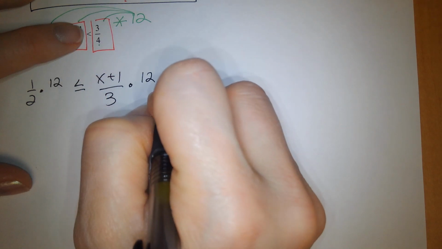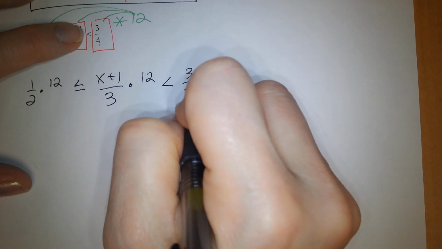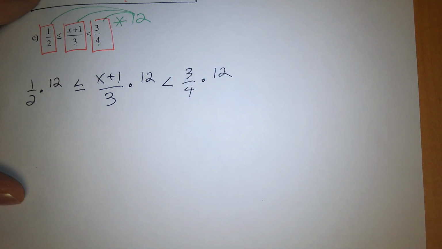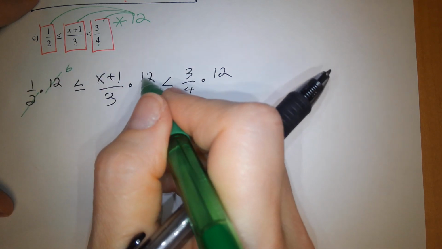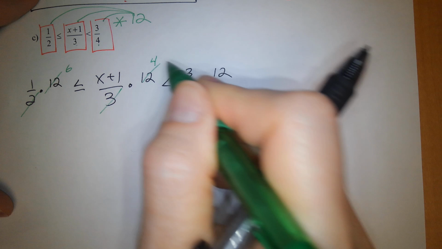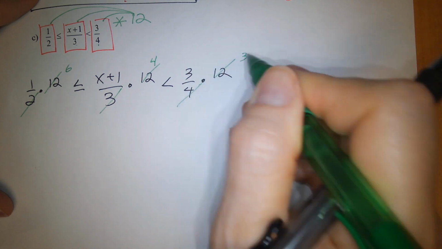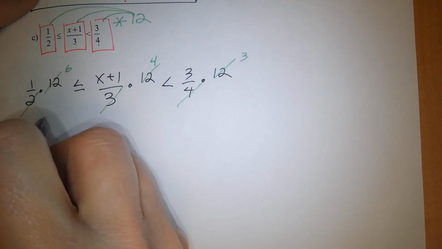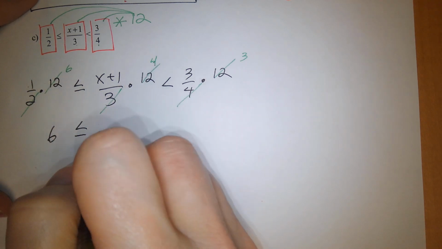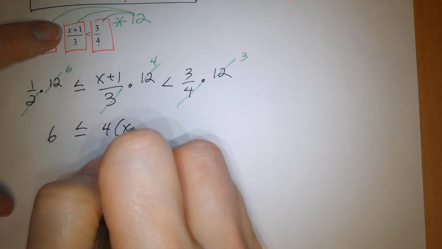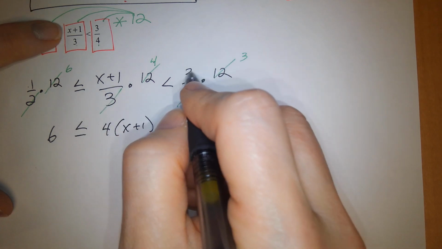So that's going to give me 1/2 times 12, (x plus 1/3) times 12 is less than 3/4 times 12, and we're going to reduce. 12/2 reduces to 6, 12/3 reduces to 4, 12/4 reduces to 3. So that becomes 1 times 6, 4 times (x plus 1), 3 times 3.